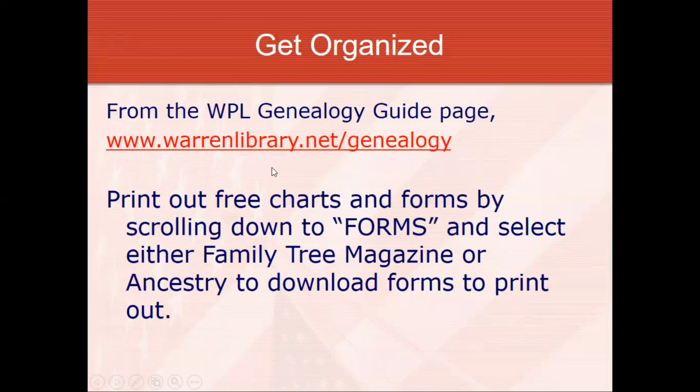From the Warren Public Library Genealogy Guide page, this is the web address for it, or you can just go to the library webpage, warrenlibrary.net, click on Research, Recommended Databases, and then Genealogy. You can print out free charts and forms by scrolling down the genealogy page to forms and then select either Family Tree Magazine or Ancestry to download forms to print out.